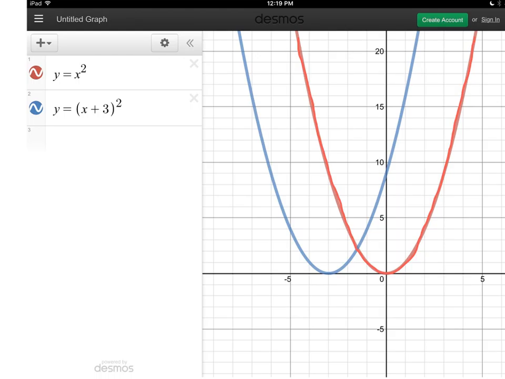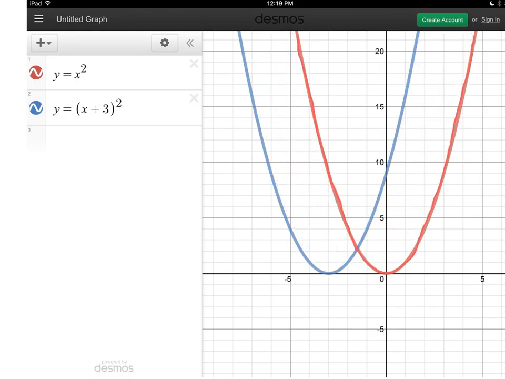Okay, and so there is our home function, and then it looks like that plus 3 causes our graph to slide to the left. So that plus 3 causes our graph to slide 3 to the left, and that's kind of counterintuitive. When you think about plus 3, we often think that it should slide to the right, but that would be wrong. So let's go back to our home function.